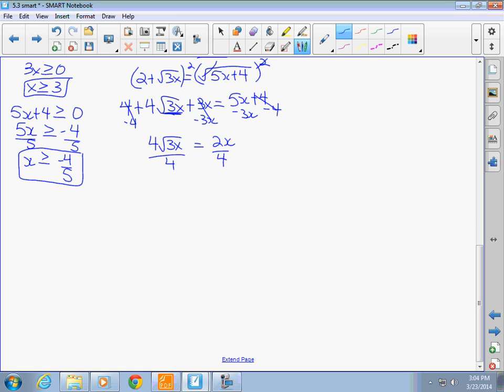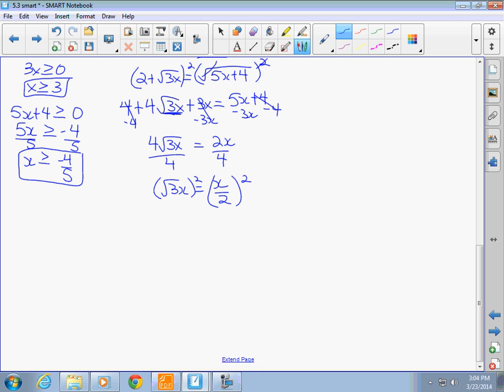Divide by 4. So I have square root 3x is equal to 2x over 4, or I could reduce that to a 1/2. And actually, that's what I'm going to do. So 2x over 4 is the same as x over 2. Now I've got my radical by itself. I square both sides.